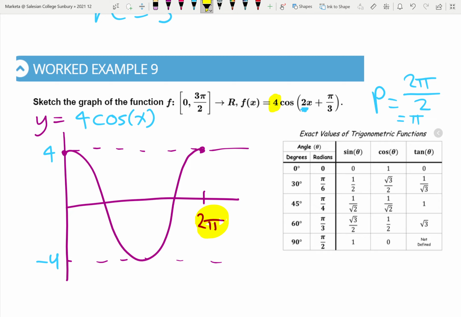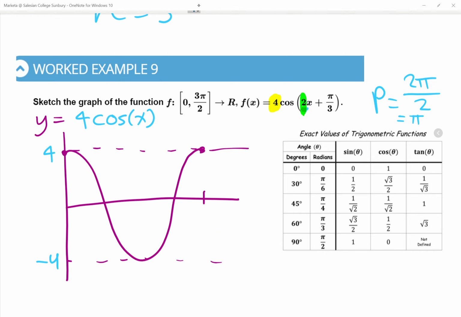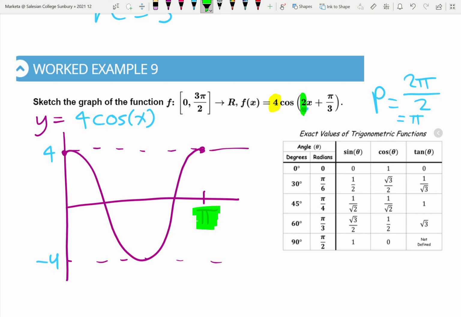I might do it in a different colour. That means that now this is just going to change into pi. And I should highlight that so you can see what value gives what, these ones in yellow. So now my equation is 4 cos 2x.